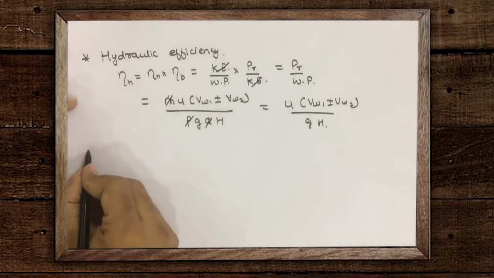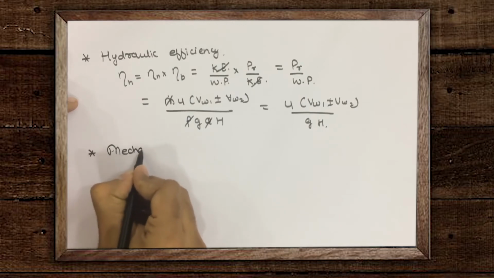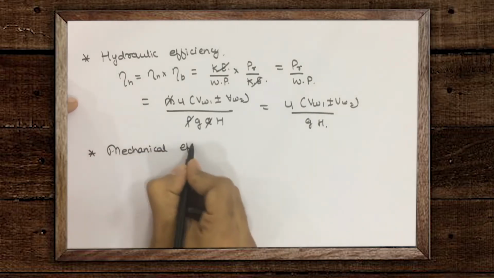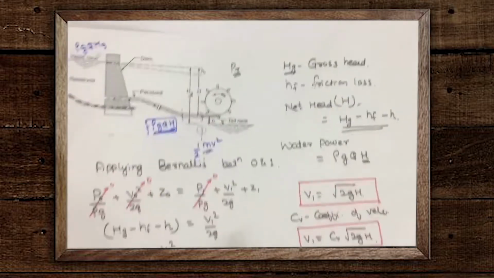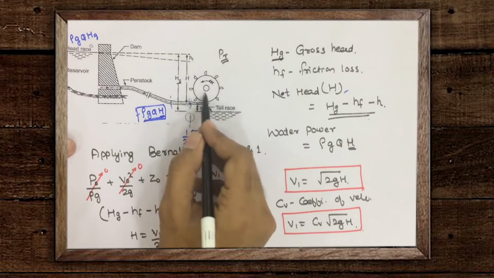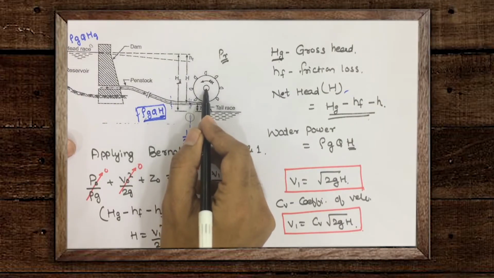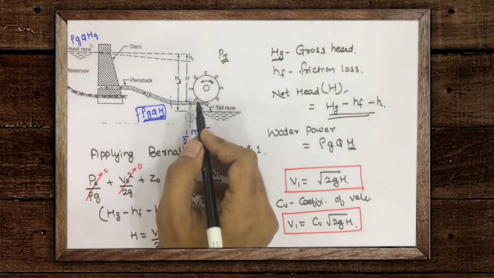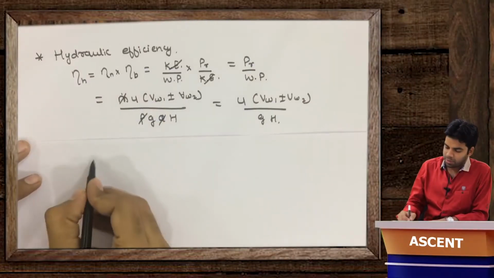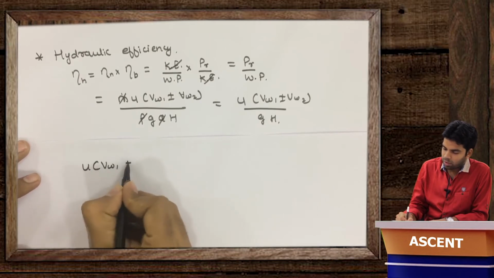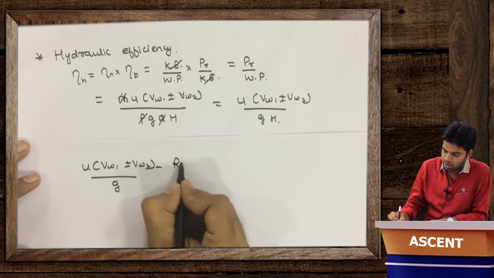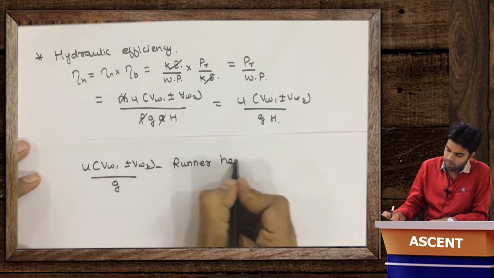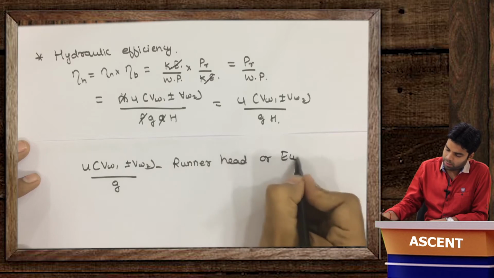Okay, now next type of efficiency is the mechanical efficiency. Now what is mechanical efficiency? So after the runner is generating power, that power is finally transmitted to the shaft, and while the transmission there will be certain losses. And in this expression, u (Vw1 plus minus Vw2) divided by g is nothing but runner head, or you can call it as Euler head.